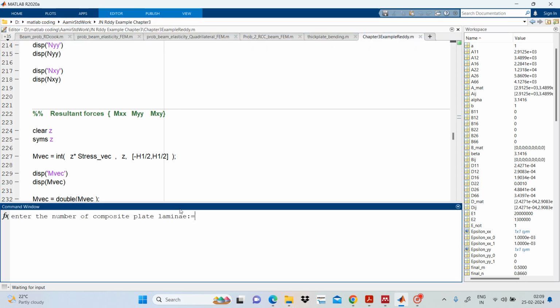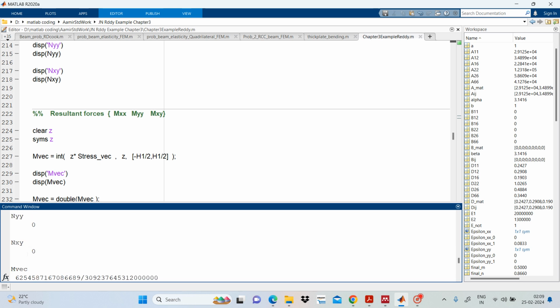Enter the number of composite plate lamina, let it be 1. Enter the height 0.01. I think it was maybe 60 degree or 0 degree, I don't remember, just let it be. Then we have the bending moments mxx, myy, the m vector, and nxx, nyy, nxy are 0.